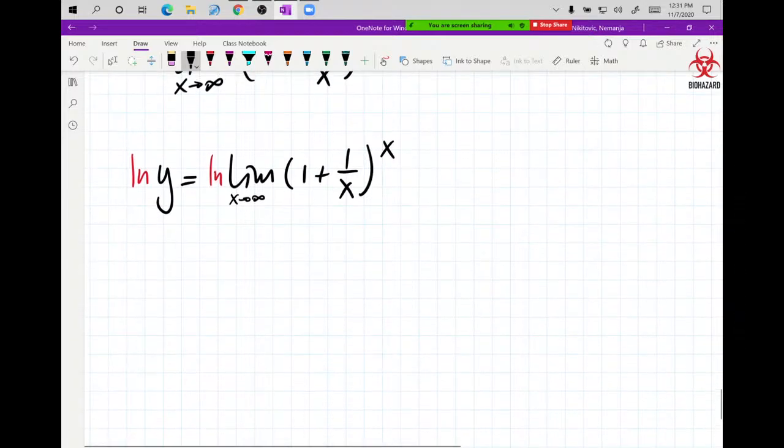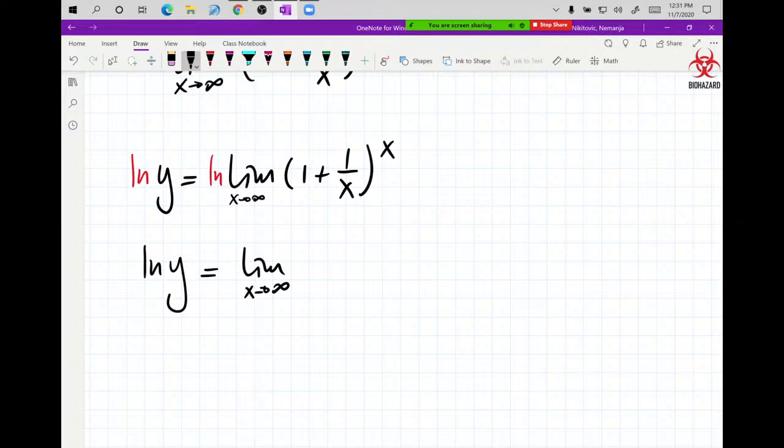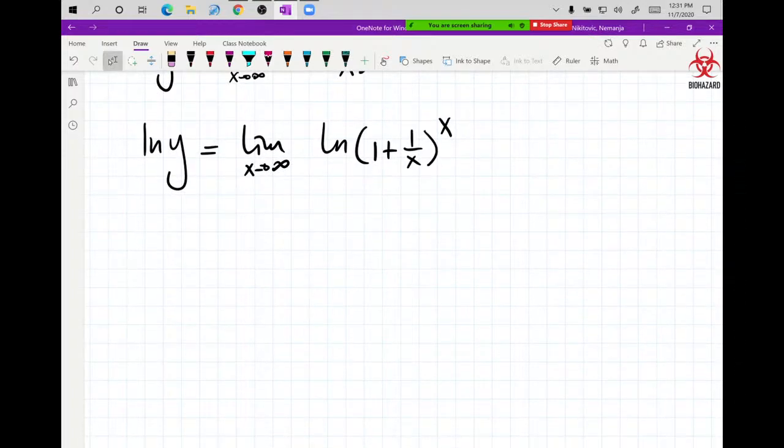But our step here is to swap the ln with the limit, and now you have ln of 1 plus 1 over x, raised to the power of x. And then what you do is bring that x in front of ln, and it will show what to do next.